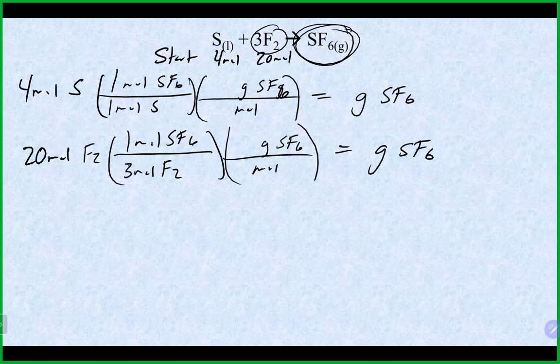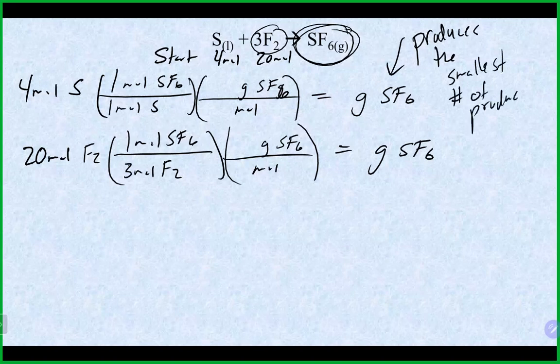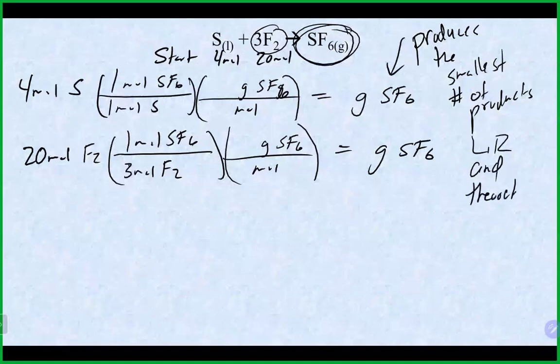And what you're looking for at the end is whichever one produces the smallest number of product, either grams or moles really, will be both your limiting reagent and your theoretical yield.